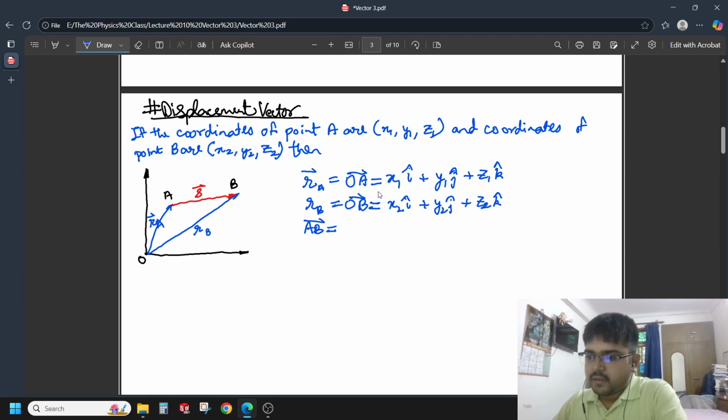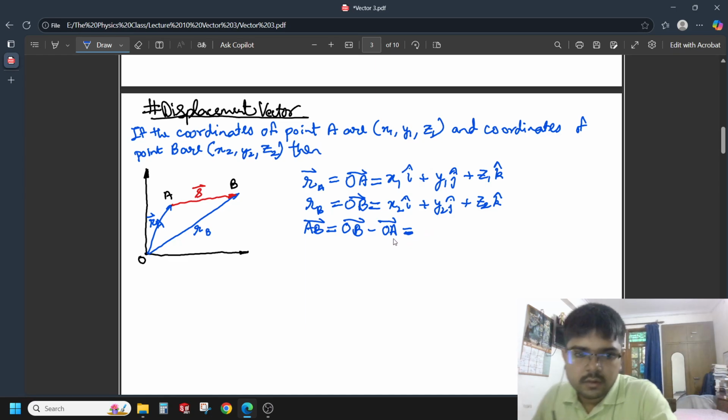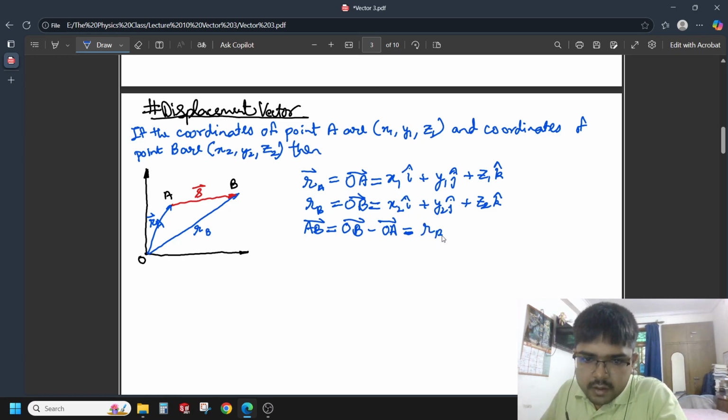So we have vector AB equals OB vector minus OA vector, equals RB vector minus RA vector.